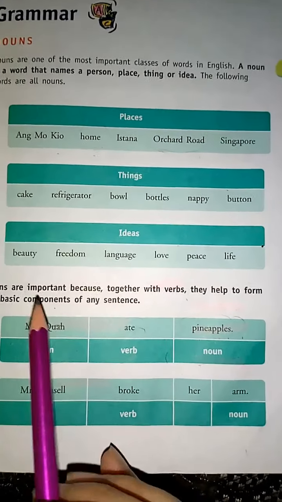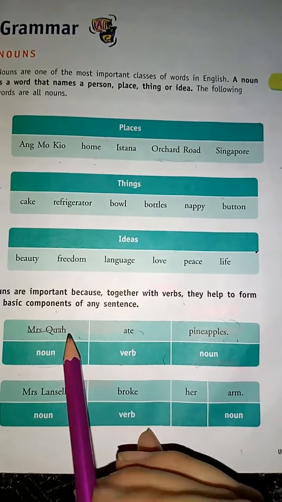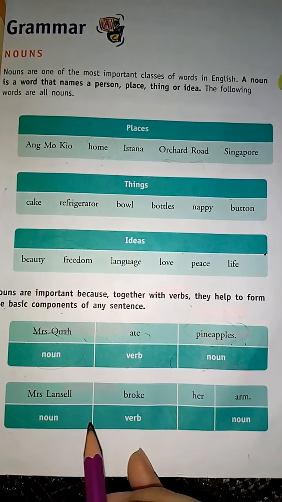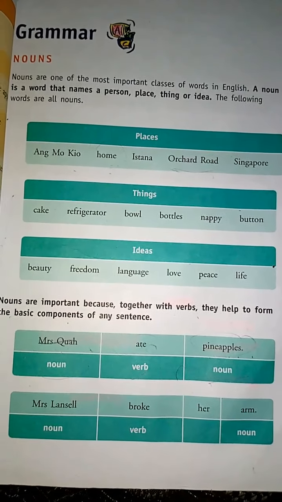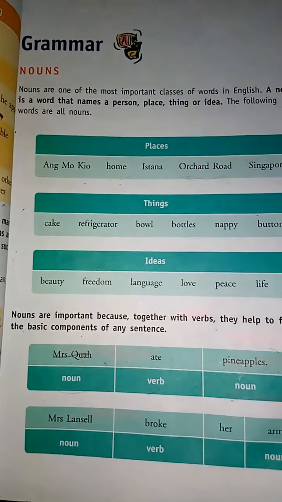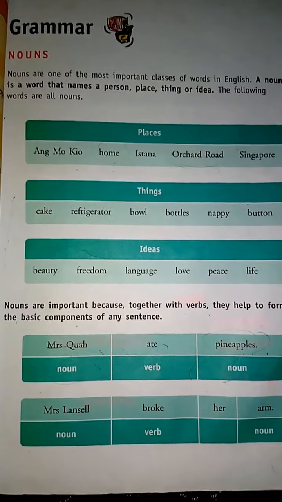When I put a noun in it, that he, she, it, they, Mrs. Qua, then it will give you a clear picture of the sentence. So these are the nouns. Nouns are important because together with verbs they help to form the basic components of any sentence.